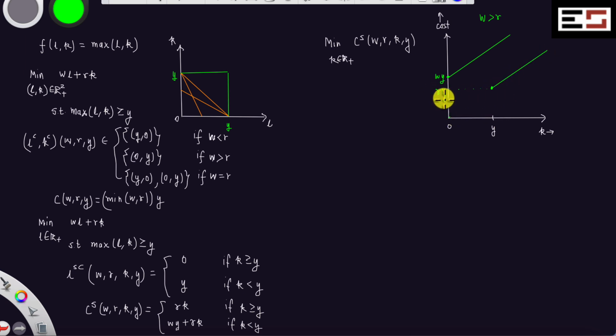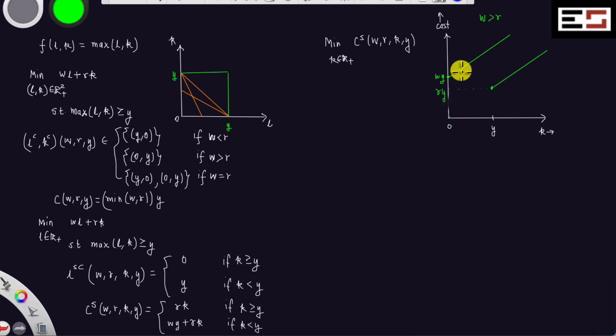Okay, and that is why I said it depends on w and r. So if wy is greater than ry, or basically if w is greater than r, then the line will look like this. Okay, and we'll consider other cases as well. When w is less than r, it will look like this. Okay, because it's the position of wy with ry that we want to compare.